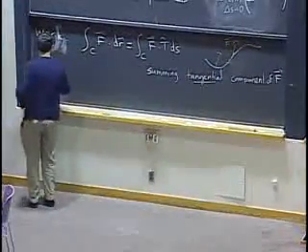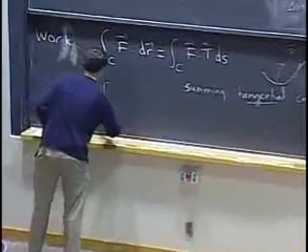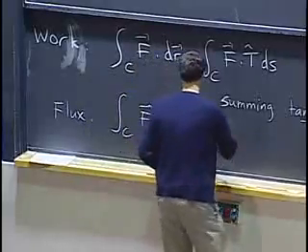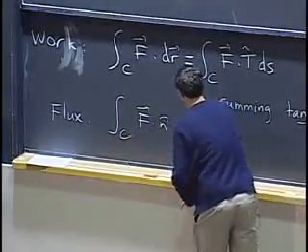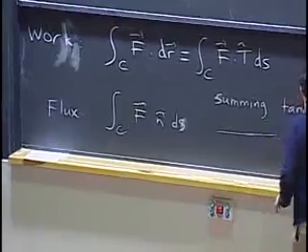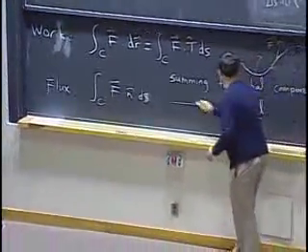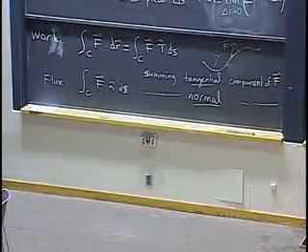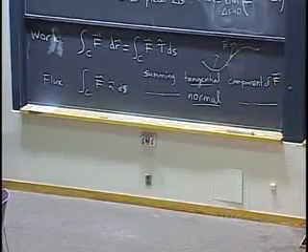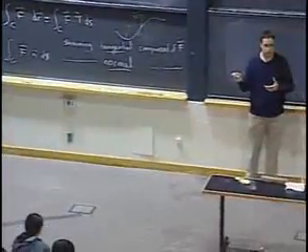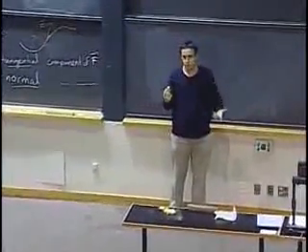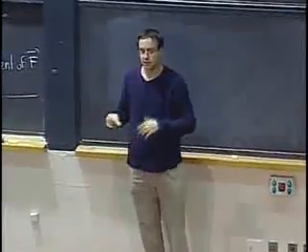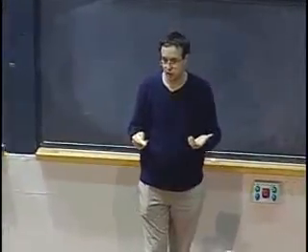So flux is the integral of F dot n ds, and that one corresponds to summing the normal component of the vector field. But apart from that, conceptually, it's the same kind of thing. Just the physical interpretations will be very different. But for a mathematician, these are two line integrals that you set up and compute pretty much in the same way.